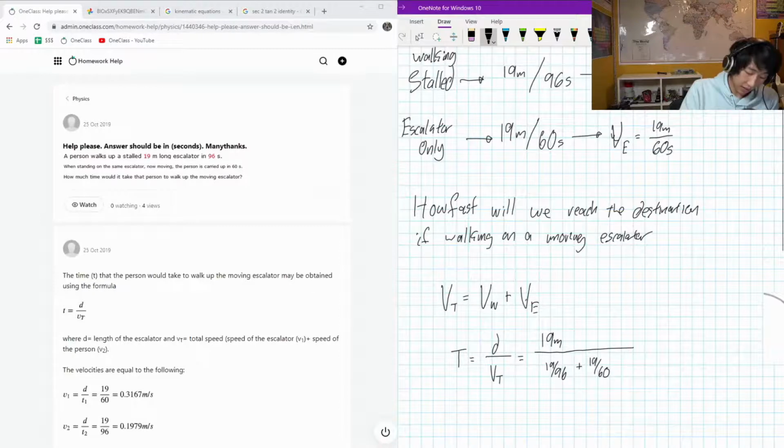This really is this simple. Okay, so let's math this out. So let's do the downstairs first.